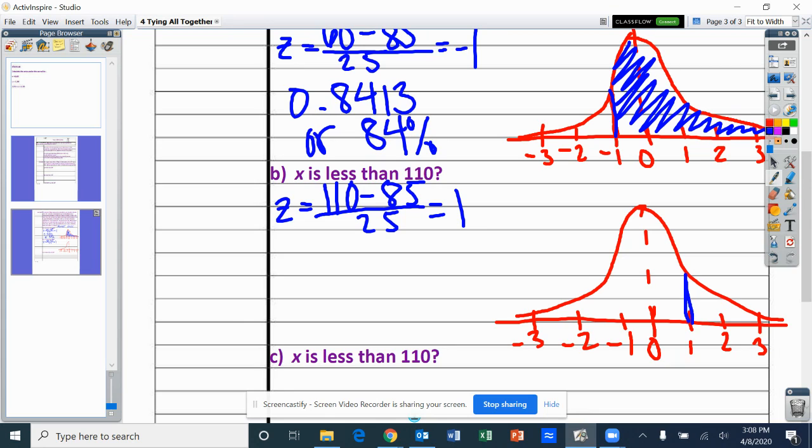Draw a vertical line through 1 and shade the area. This time we want less than, so we shade the area to the left.